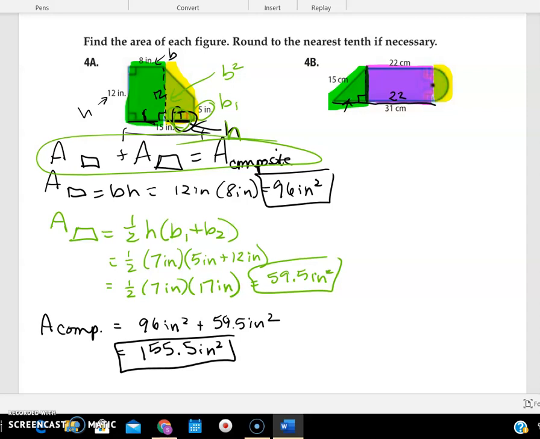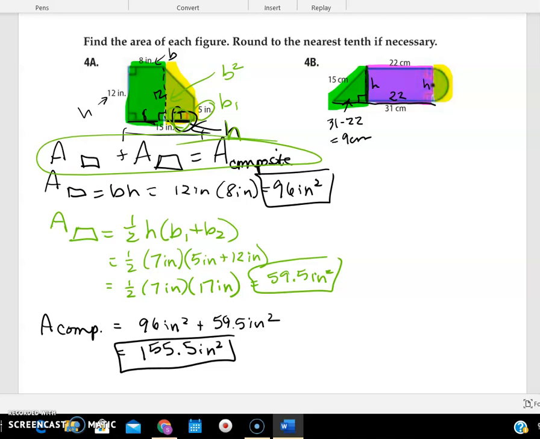And this section right here would be 31 minus 22, which would be 9 centimeters. So that's going to give us a value in which we can use Pythagorean theorem then to find the height, not only of the triangle, but also the height of the rectangle. And then, since those are the same thing, that will give us the diameter of the semicircle.